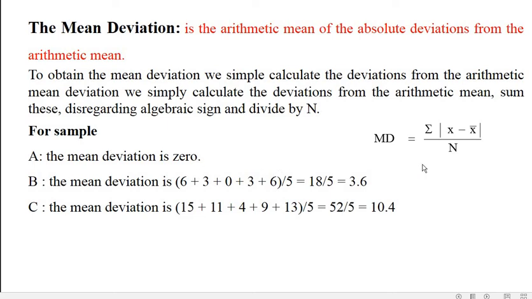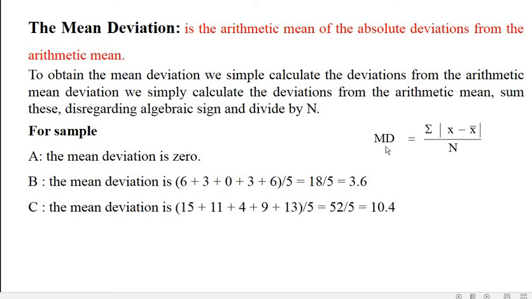In the second case, the absolute deviations are 6, 3, 0, 3, 6 over 5, which means 18 over 5, which is 3.6. In sample C, it will be 15, 11, 4, 9, 13 over 5, which is 52 over 5, which means 10.4.